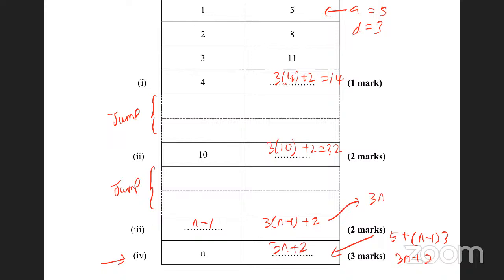So it's 3n minus 3 plus 2, which is 3n minus 1. So the term before n is not m, it's n minus 1. Right, Aliyah? It's not M, but that's a good guess. So before n is n minus 1.